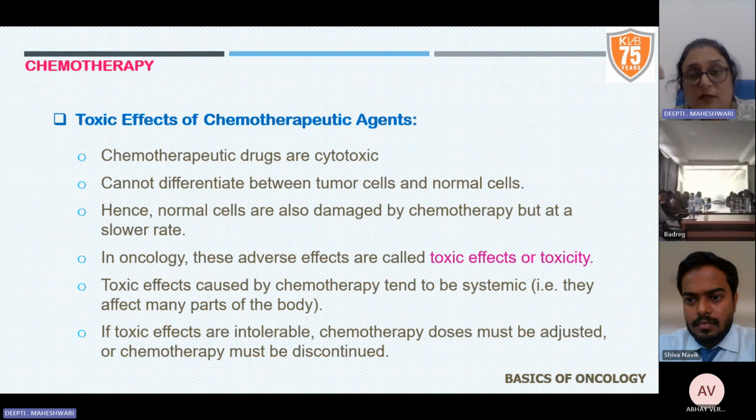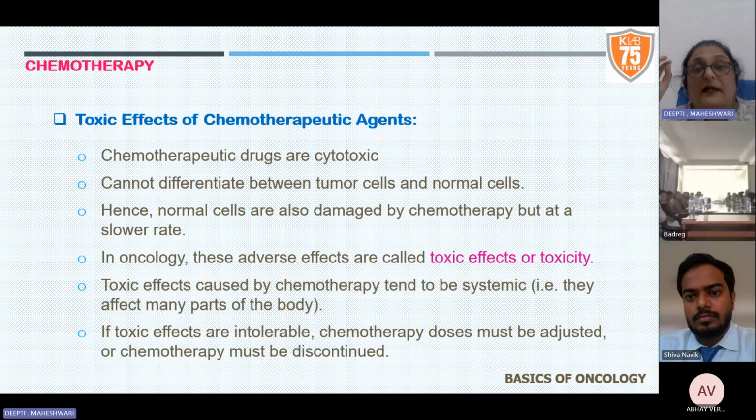Sometimes the dose is reduced so that the patient does not suffer from the toxic effect. Sometimes the dose has to be discontinued. That means the therapy which you were given has to be stopped. Or sometimes you increase the gap.